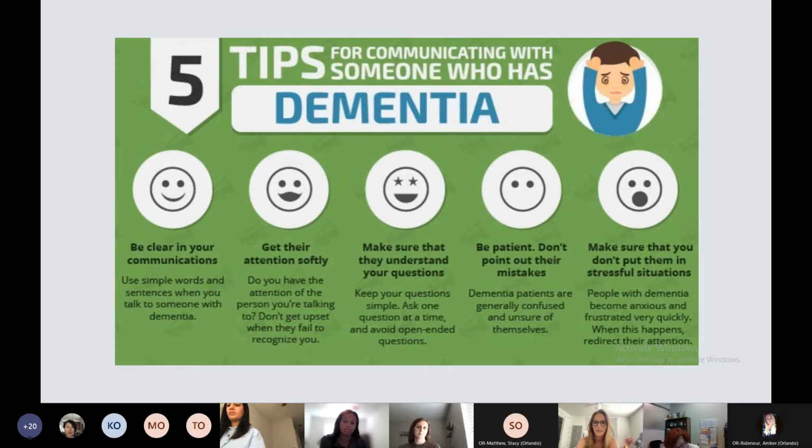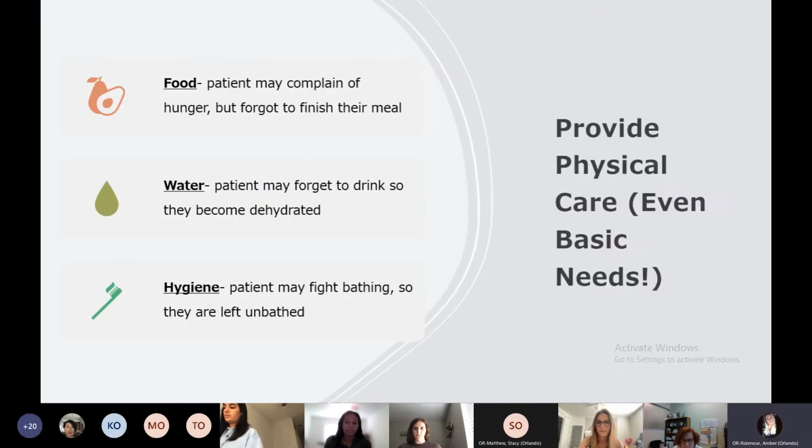Be patient. Don't point out their mistakes. And then don't put them in stressful situations. If you can tell that they are not enjoying something, that can heighten the dementia and just not be good. So keep them in calm situations. So next.